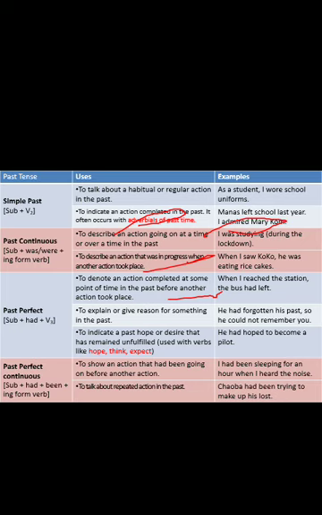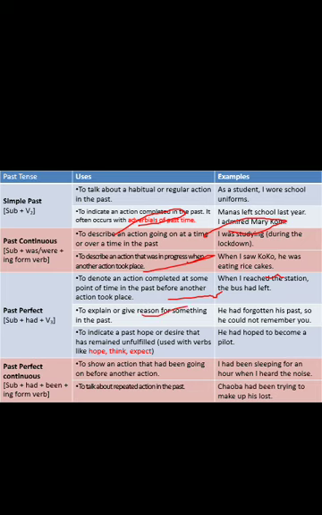The action which took place earlier is written in past perfect, so: the bus had left. Here the speaker really wants to mean that he missed the bus because the bus had already left the station before he reached there.